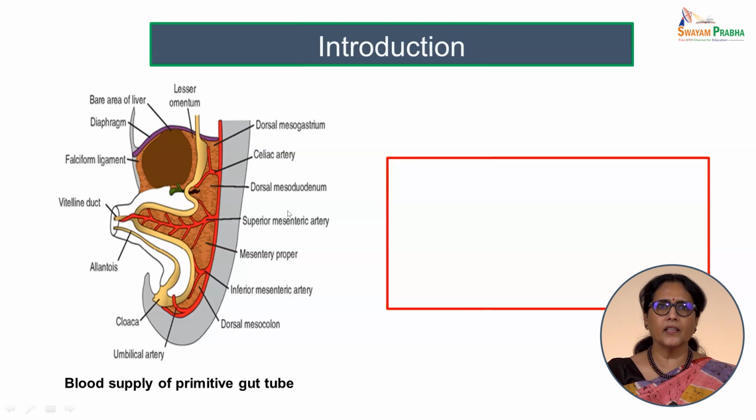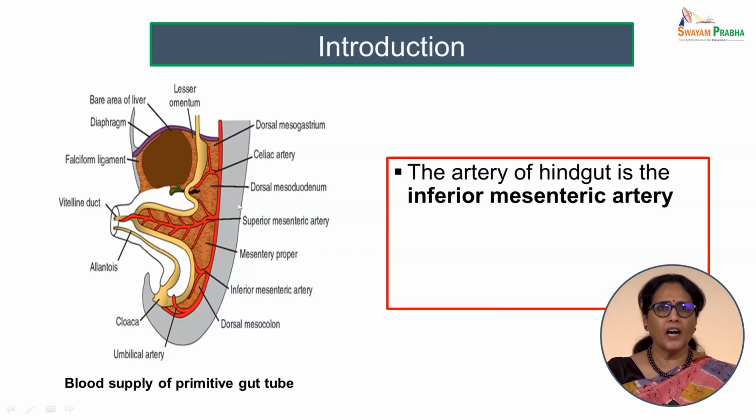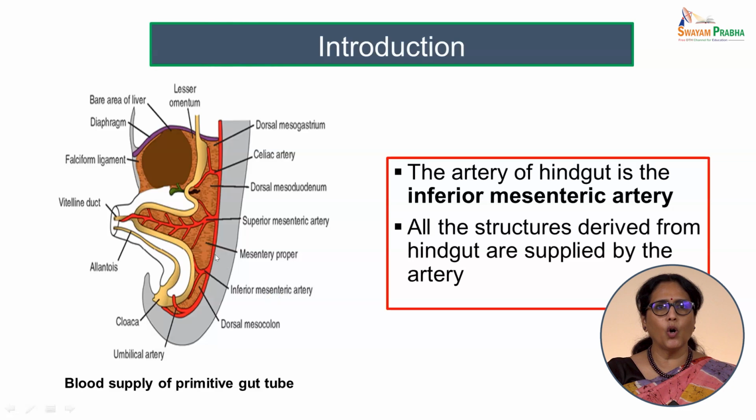Now let us look at the blood supply of the hindgut. The artery of hindgut is inferior mesenteric artery. It supplies all the structures that are derived from the hindgut. Inferior mesenteric artery itself is a branch of dorsal aorta.